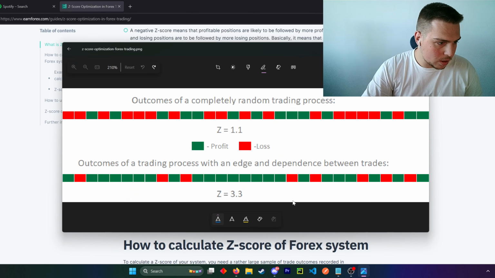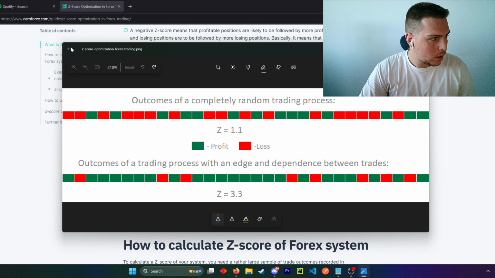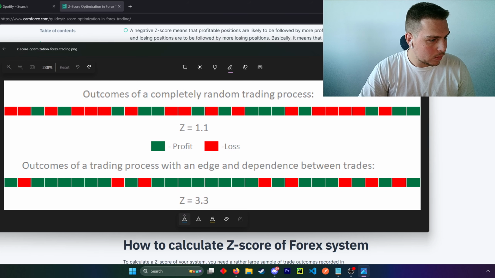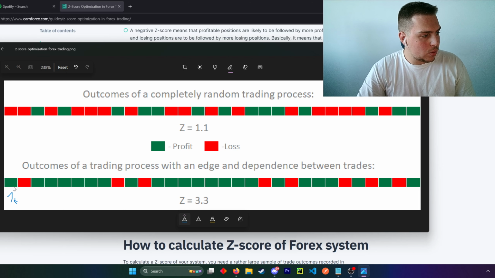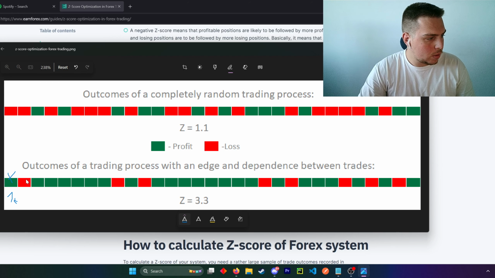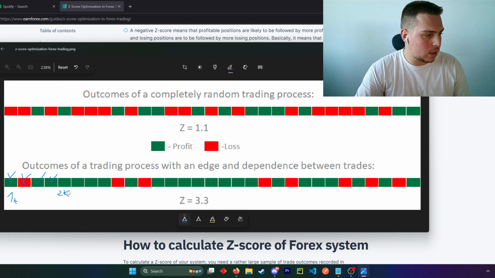So if I go into more detail here, let's say that you started trading here with $1,000. Let's just say 1K. So you started here with 1,000, you lost one, you won one, you lost one, then you win again, you win again, and then you say, all right, now I'm gonna put it up to 2,000 because I'm winning.